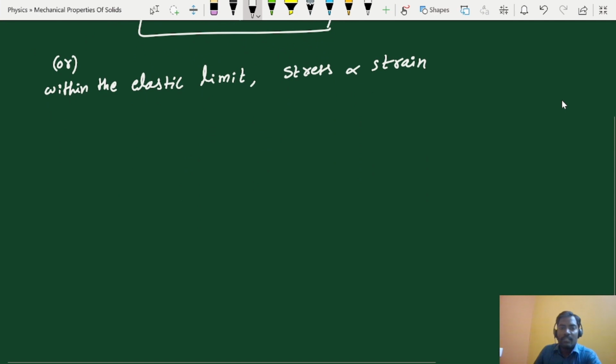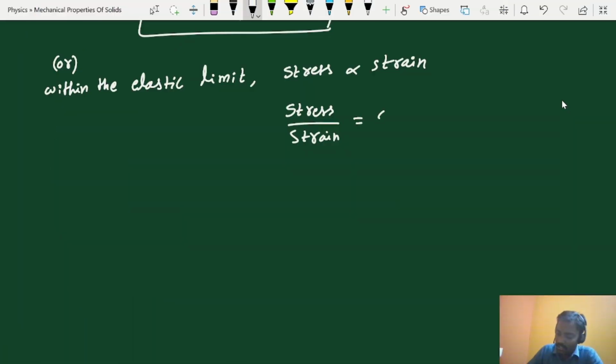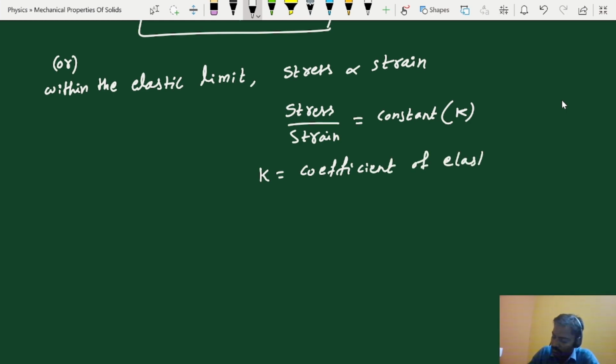Within the elastic limit, as stress is directly proportional to strain, we can say stress by strain is constant. Here the proportionality constant is known as coefficient of elasticity, or it is also known as modulus of elasticity.